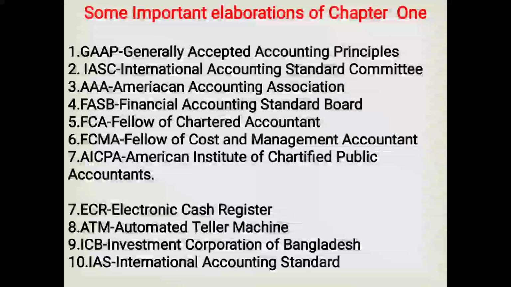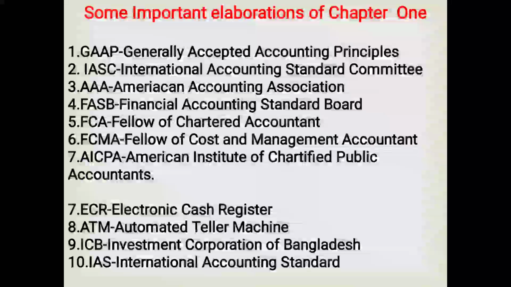Number 4, FASB, Financial Accounting Standard Board. Number 5, FCA, Fellow of Chartered Accountant. 6, FCMA, Fellow of Cost and Management Accountant. Number 7, AICPA, American Institute of Certified Public Accountants.